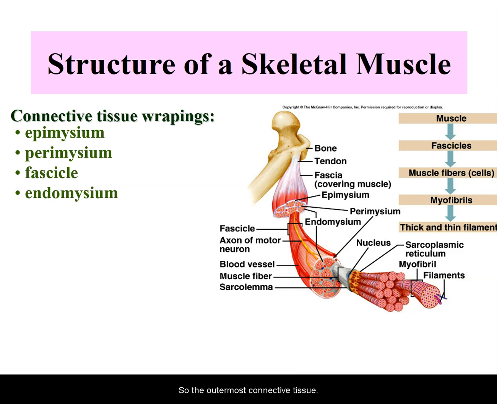So the outermost connective tissue is epimysium. Several fibers are bundled together, and those fibers form a fascicle. Surrounding that fascicle is going to be perimysium. Surrounding each muscle cell is endomysium. When you see that prefix endo, just think of the innermost. The smallest structure is going to have the endomysium.